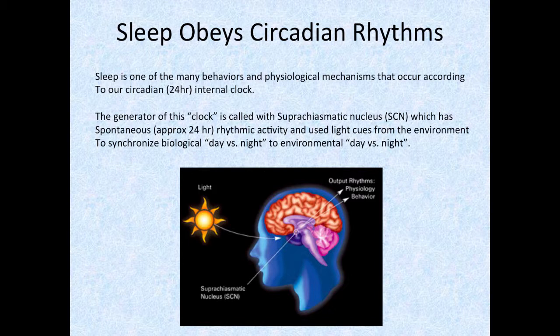day versus night. Now, the SCN is located at the center of the brain, and it's located just above a structure called the optic chiasm, which is why it's called a suprachiasmatic nucleus.